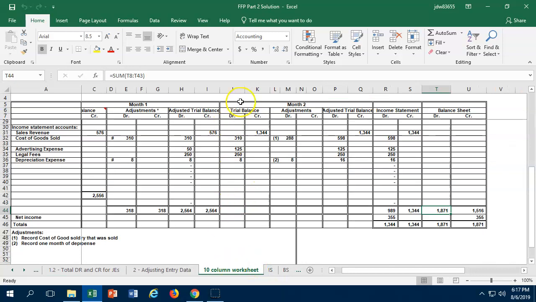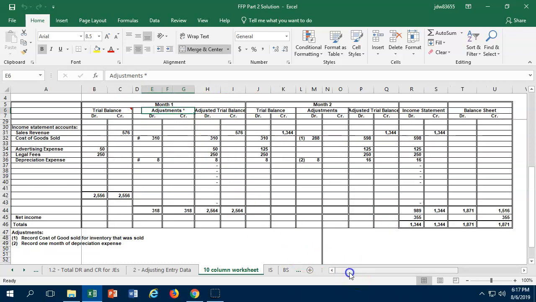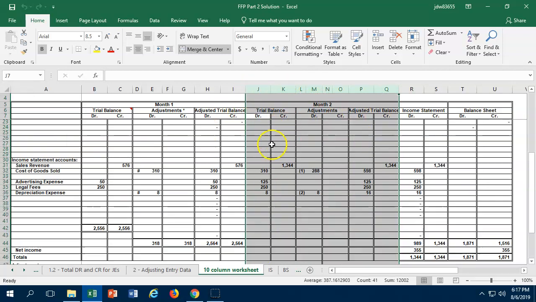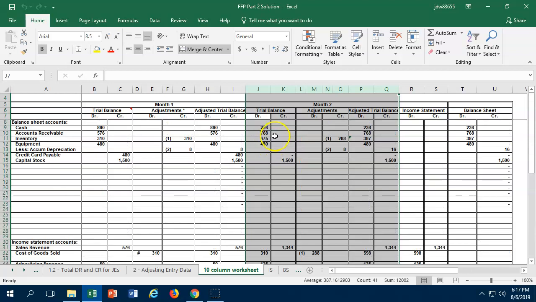So what I did is I just added on to this spreadsheet, this 10 column. Starting in column J, I just added new columns, J through Q. And we can go through and see how to calculate this.